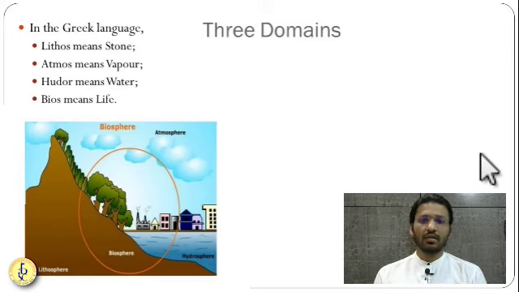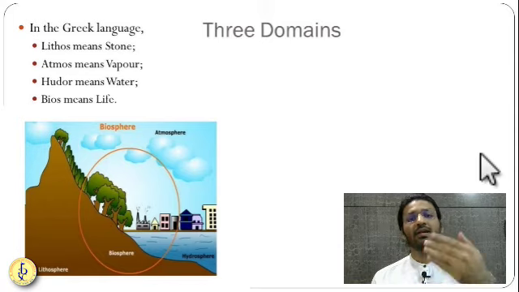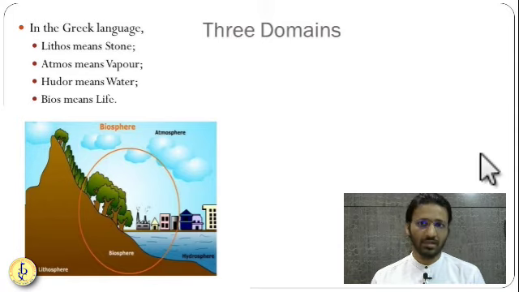These different names like lithosphere, atmosphere, hydrosphere come from the Greek language. All the disciplines are coming from the Western countries, so the origin of the terminology is in the Greek or Latin languages.